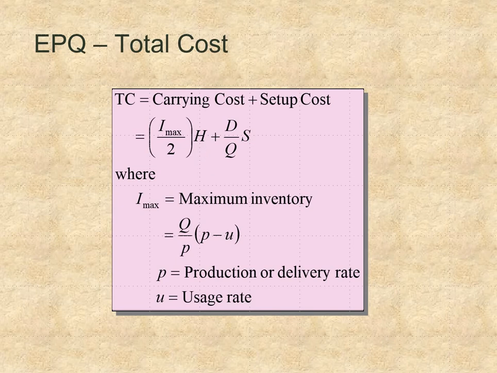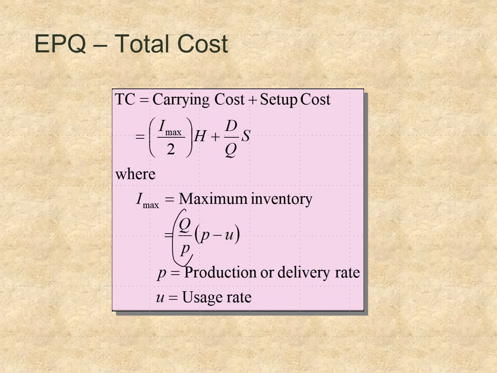So what is the max inventory level Imax then? Imax equals Q over P times P minus U. What is Q over P? Q is the quantity. P is the production rate.